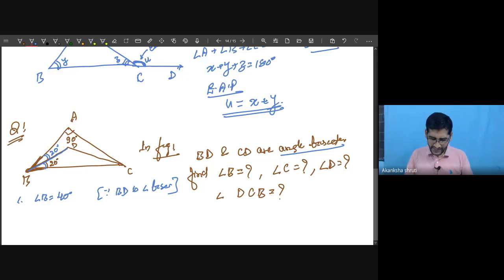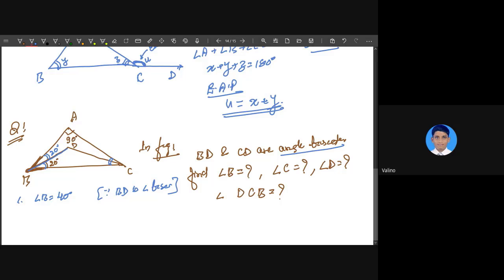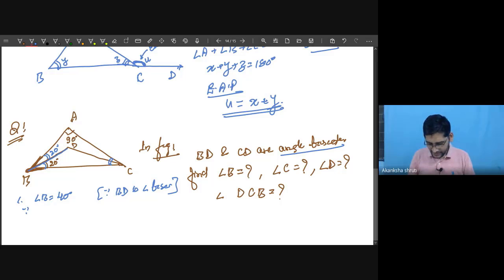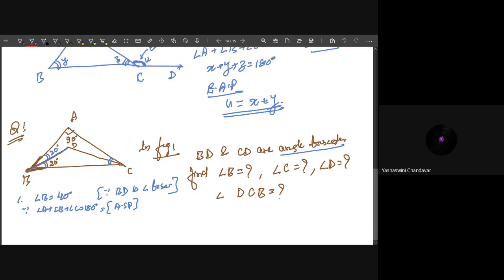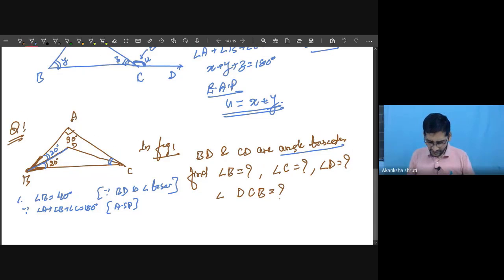Now how to calculate angle C? Angle sum property. Very good. Since angle A plus angle B plus angle C is equal to 180 degree, why this? Angle sum property. Therefore substituting, angle C is equal to 180 minus what was our angle A?